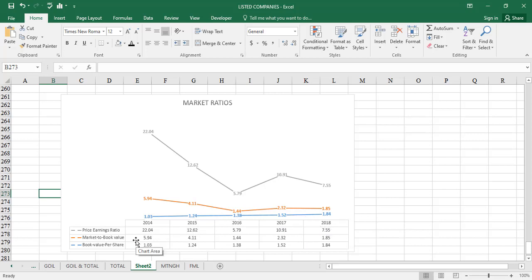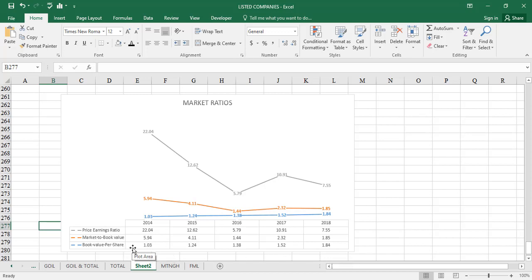Now let's look at the book value per share before we come to the market. The book value per share represents the historical total equity over the outstanding shares of the company. Because the total equity is historical in nature, that is, it represents past figures, you would want to know how much shareholders are actually worth in the books of the company. We can see that from 2014 through to 2018, it has been on the increase from 1.03 cedi to 1.84.